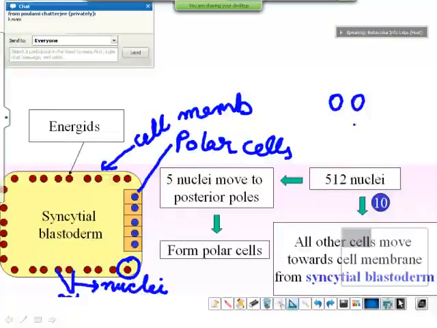Then these nuclei will further form two more nuclei. Each nucleus will keep on forming two more nuclei. So there will be an overcrowded area at the cell membrane. Until now, no cellularization has taken place. Cellularization will take place after cleavage number 13. Okay, is it clear to everybody?